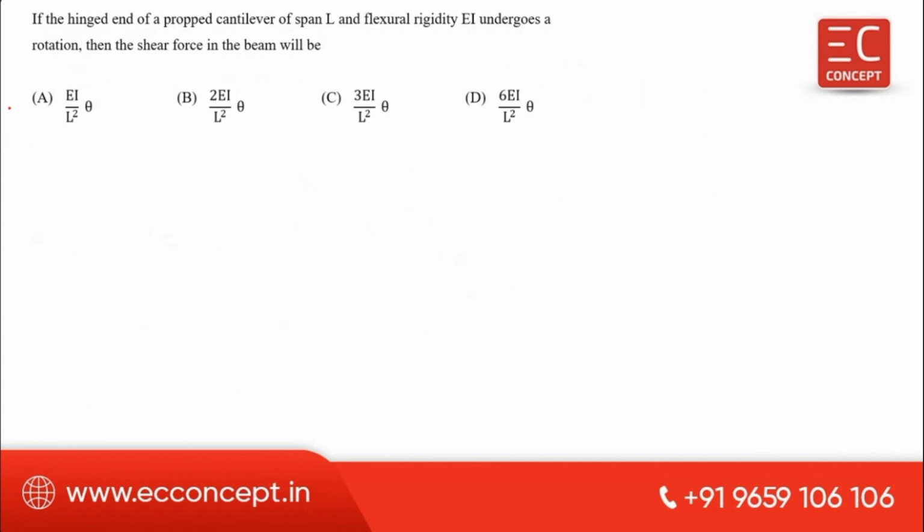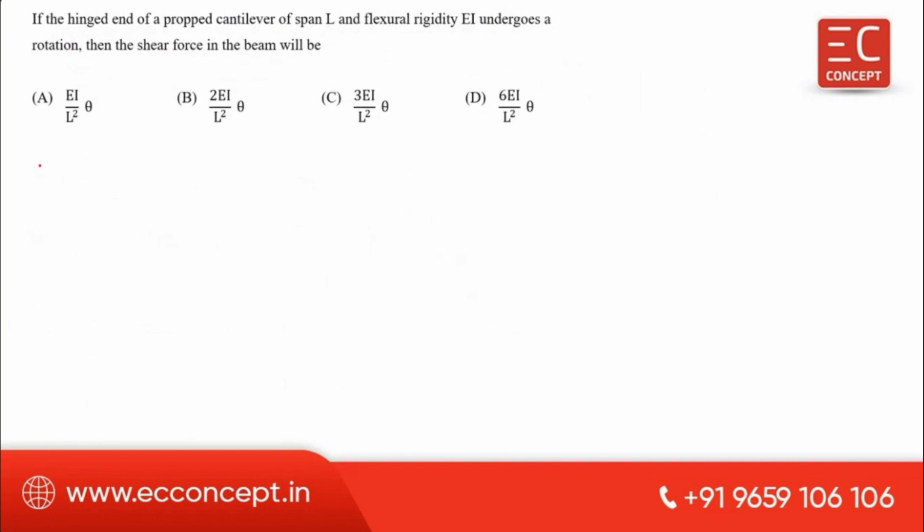Okay. Next question. If the hinged end of a propped cantilever of span L and flexural rigidity EI undergoes a rotation, then the shear force in the beam will be. They are asking the shear force.